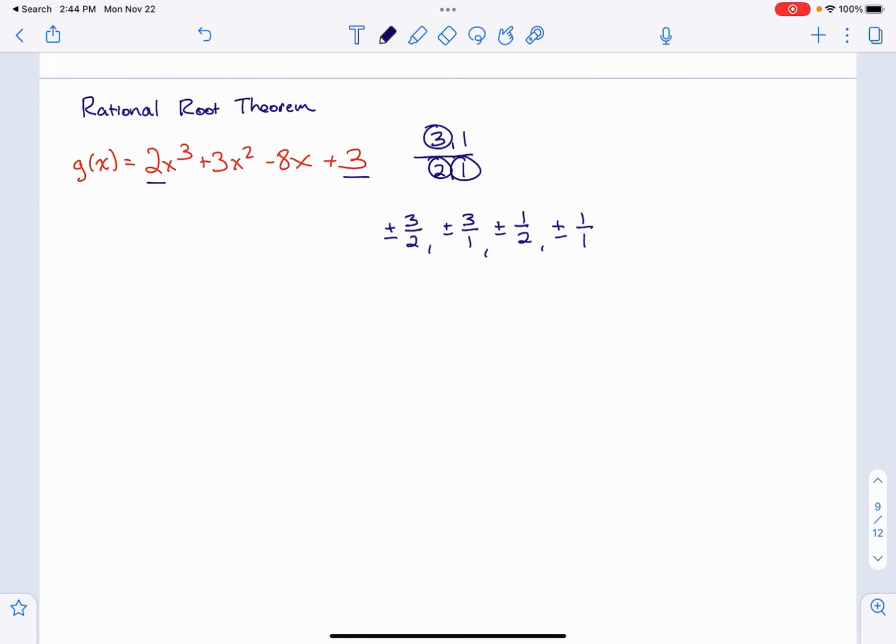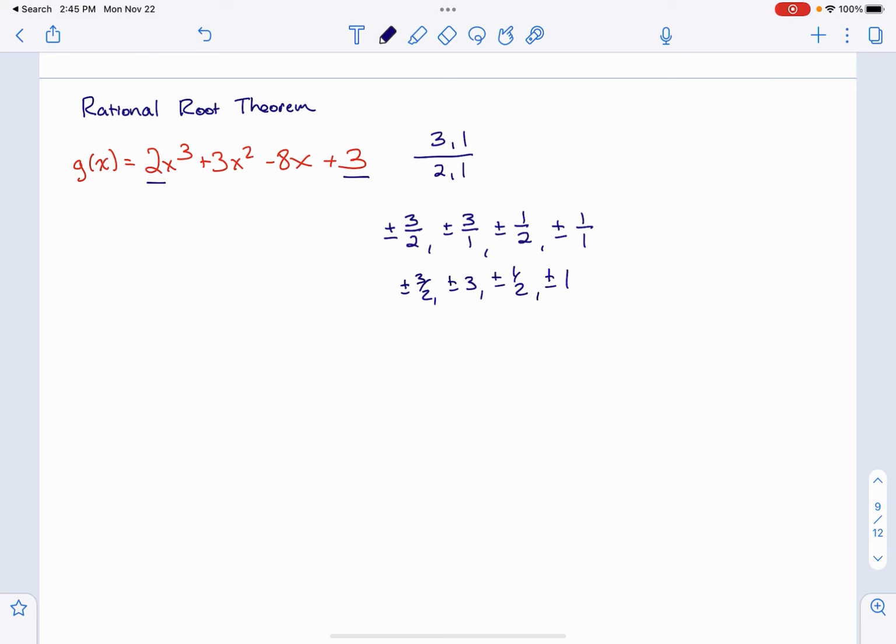So 3 over 2, 3 over 1, then 1 over 2, and 1 over 1. So what we have is 8 possible rational roots of the polynomial. We reduce these, so it's plus or minus 3 halves, plus or minus 3, plus or minus 1 half, and plus or minus 1.